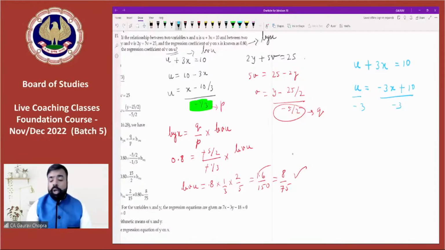The numerator is divided by minus 3 and the denominator is also divided by minus 3. You can write in this manner also. Now you can split this and see what we are getting. After dividing we are getting x minus 10 upon 3 and then minus 3 upon 10.